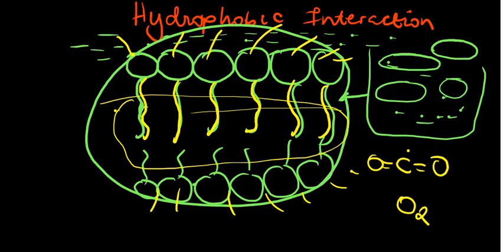It also falls under this hydrophobic effect because it's non-polar. So this is what you notice about the hydrophobic effect: it's mostly observed in non-polar molecules that dissolve in an aqueous solvent.